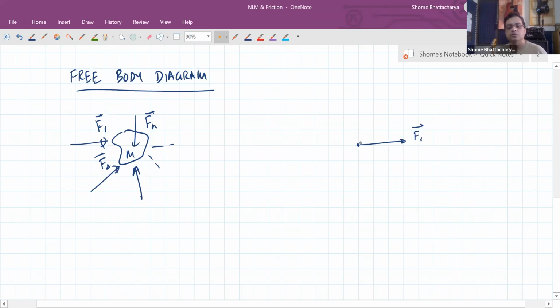Okay, so for example, these forces here will be shown like this.